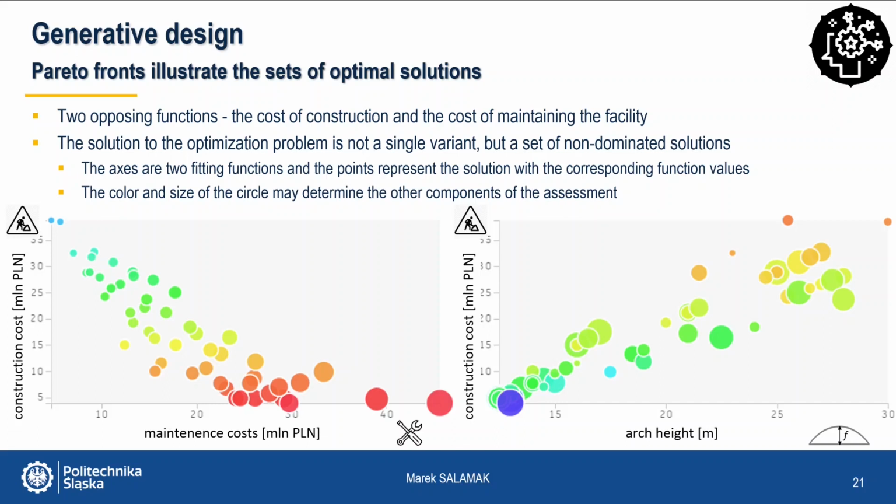The points at the edge of the solution cloud form a non-dominated solution front, also known as the Pareto front. The remaining points lying outside the front are defined as dominated, and they form a space of suboptimal variants. The color and size of the circle may determine other components of the assessment.